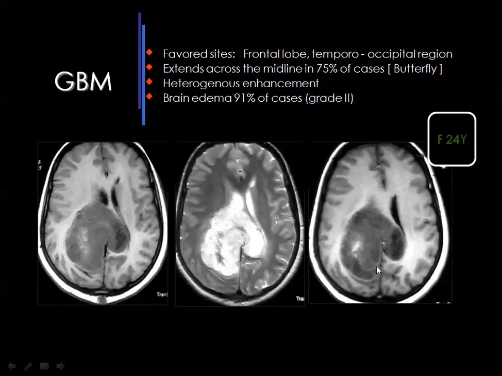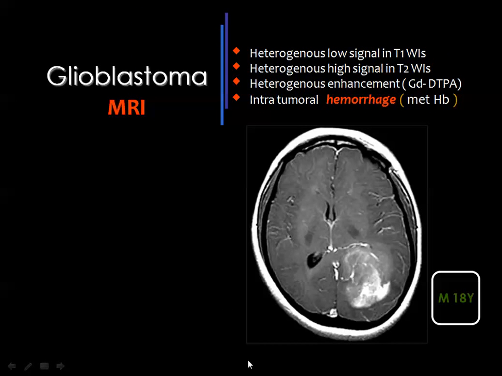If the tumor occurs in this particular anatomic area, it can easily grow through the corpus callosum and extend into the opposite side.